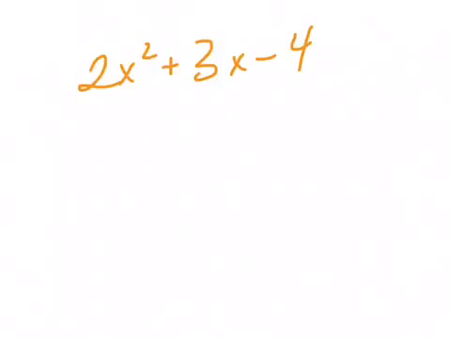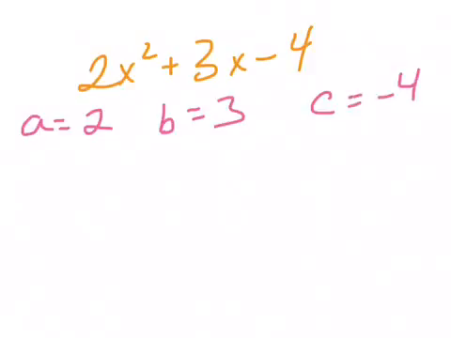Now, before we go any further, just want to identify, a is 2, b is 3, and c is negative 4. And once we establish that, we have everything that we need to plug this into the quadratic formula.